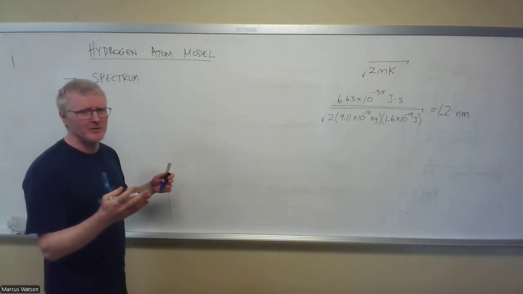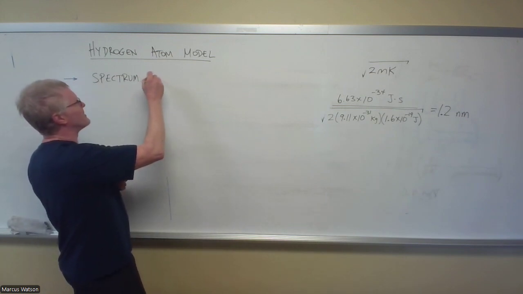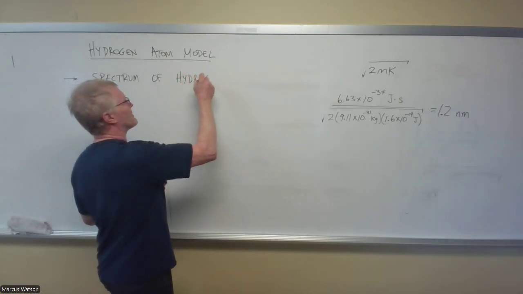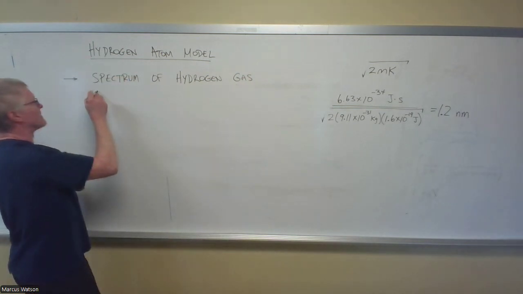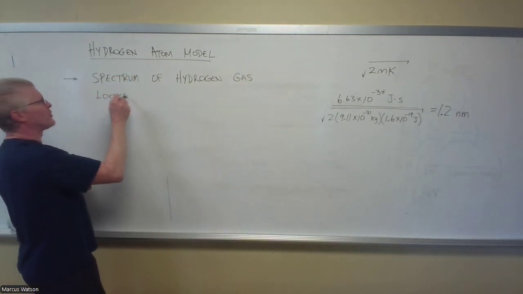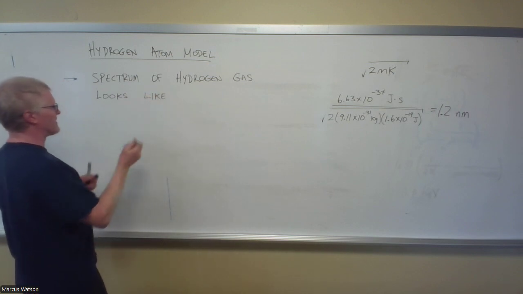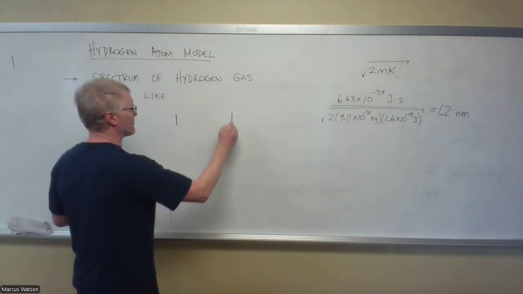And I can really only see 3 of them because the one blue is really hard to see. The spectrum of hydrogen gives only about 4 wavelengths. In other words, it looks something like that.